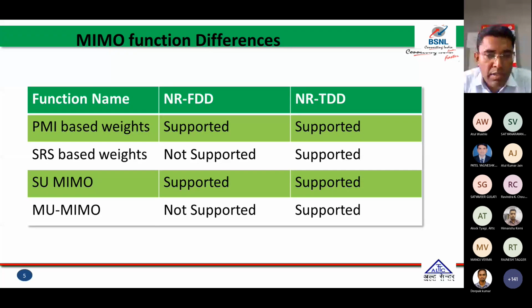Single user MIMO is supported in both new radio FDD mode and new radio TDD mode, but multi-user MIMO is only supported in the new radio TDD mode. That's why massive MIMO is used in the multi-user MIMO scenario, not single user MIMO.